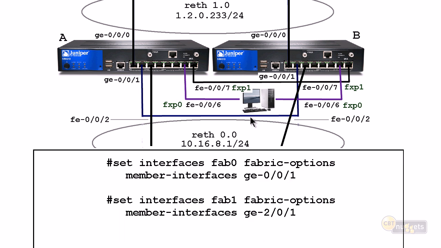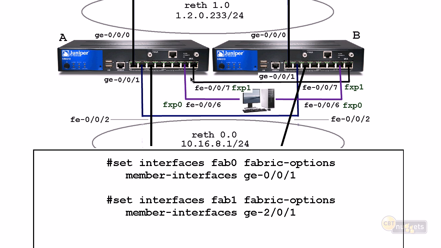Okay, the next thing we have to do is set the fabric interfaces. That's basically exchanging the data plane information. Now you might be asking, why don't we have to configure the control plane interfaces? Remember, fast Ethernet 0/7 on both sides, which is going to be FXP1 as a matter of fact. We don't have to do that. On the lower end SRX devices it's not necessary.